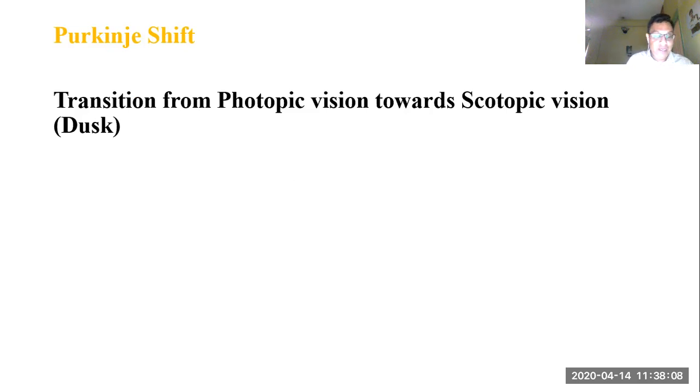Suppose we have a period of the day, or an area in the room, which has neither very high illumination like in the day, nor is it absolutely dark. It's somewhere in between, like in the dusk, the period where the sun has gone down. So that period has a special effect.